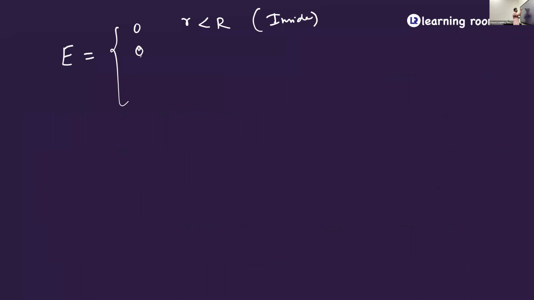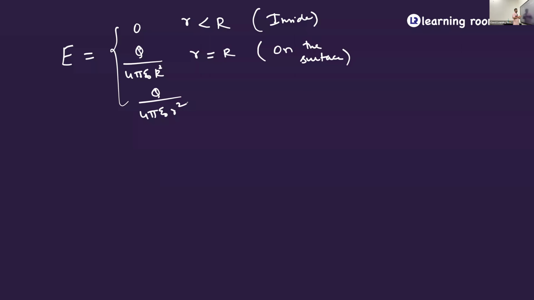It is equal to Q divided by 4 pi epsilon naught capital R square when small r is equal to capital R. This is on the surface. Then Q divided by 4 pi epsilon naught small r square when the value of small r is greater than capital R, when it is outside the surface.